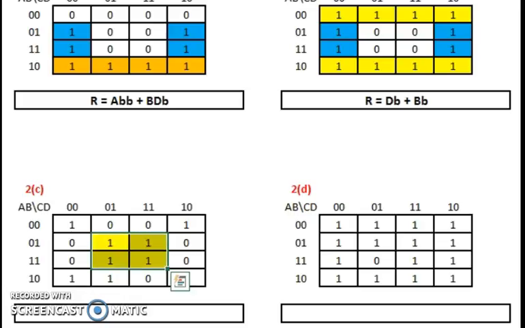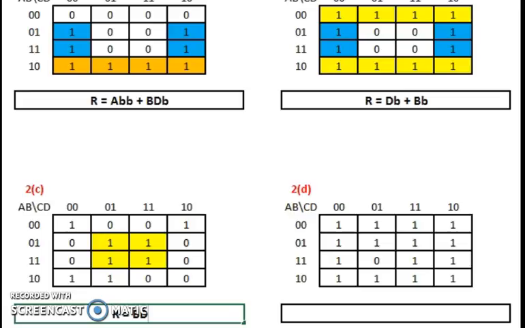Okay, I group them in yellow, and I can extract the value of the output, which becomes B and D. Okay, right.